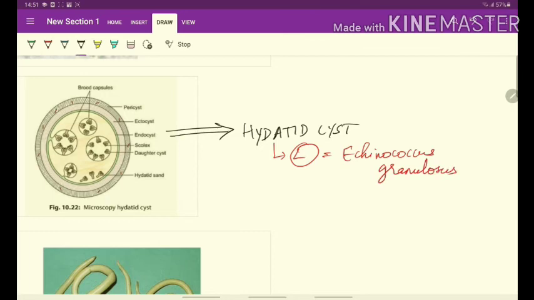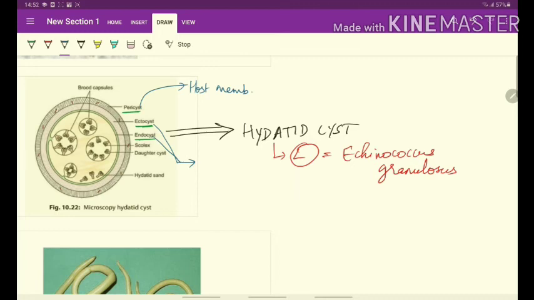Coming to the morphology, it is made up of 3 layers: pericyst, ectocyst and the endocyst. The pericyst is derived from the host membrane, whereas the ectocyst and the endocyst are derived by its own.